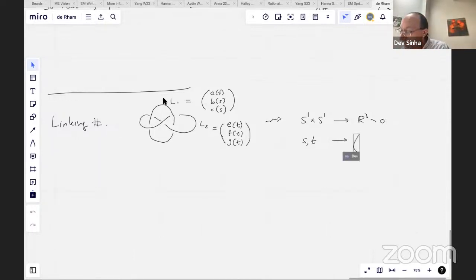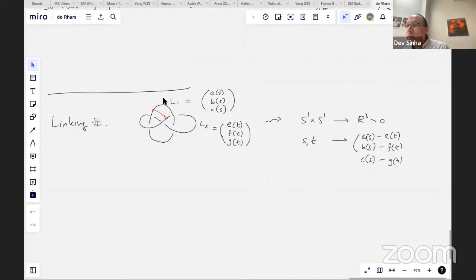So I'm going to just take a of s minus e of t, b of s minus f of t, c of s minus g of t. That's some vector that points from the first link component to the second link component. Here's where my s is realized on L1, and here's my t realized on L2.